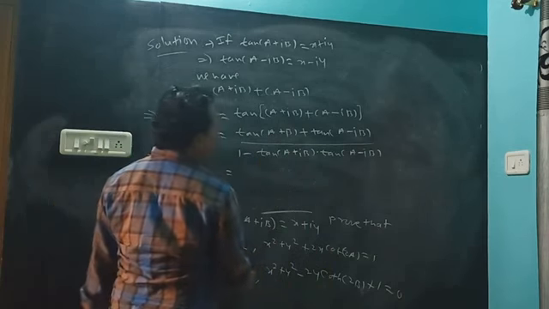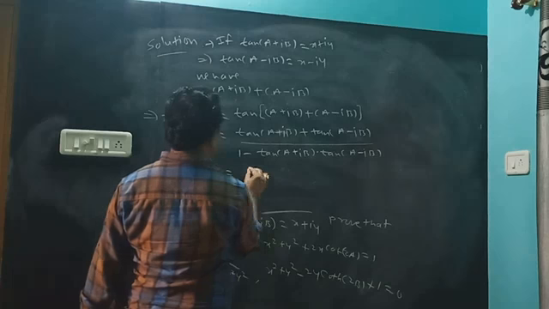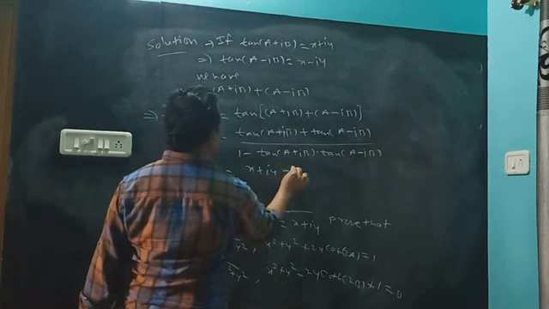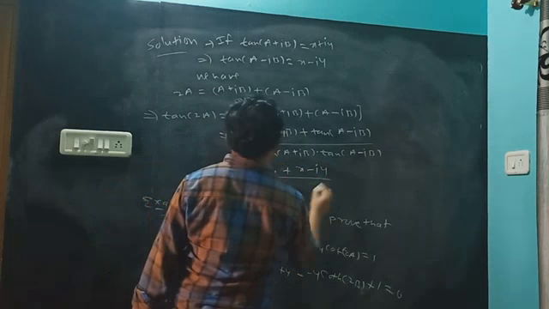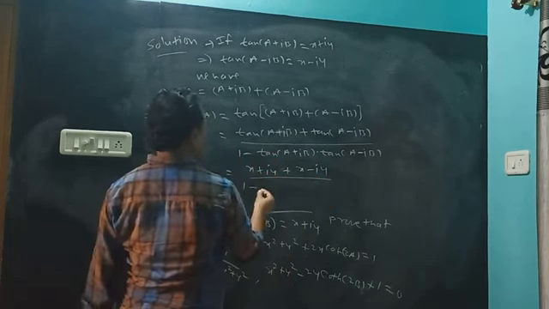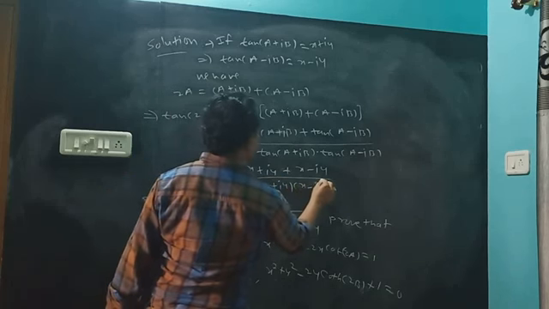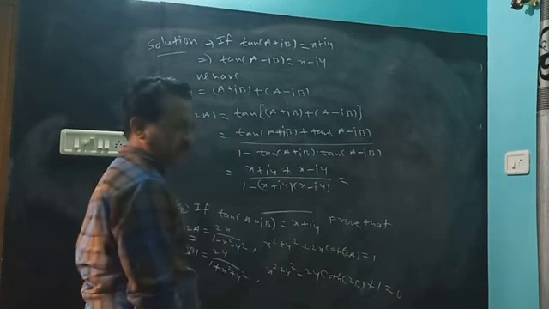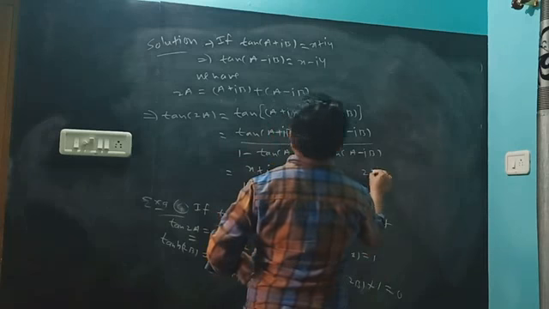So tan of a plus ib is x plus iy, tan of a minus ib is x minus iy. Iy cancels, x plus x is 2x.